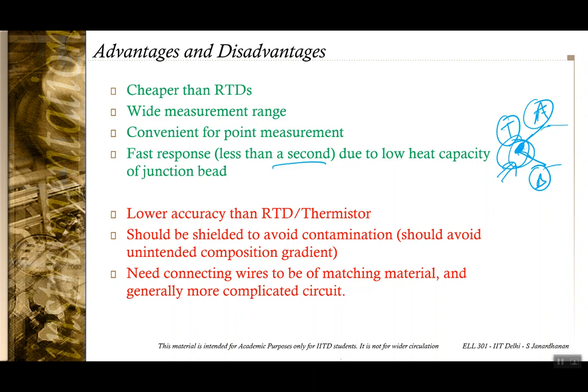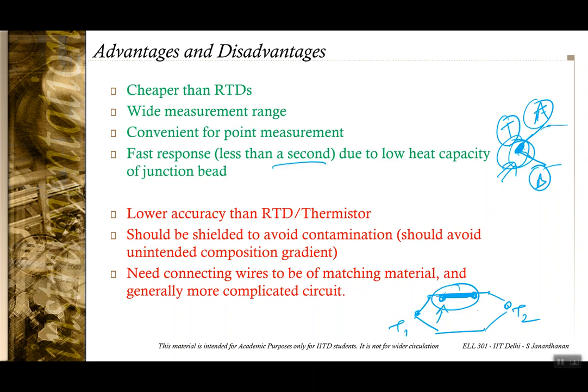Further, in case of a contamination, let us say there is a thermocouple like this. Even if T1 and T2 are kept at the intended temperatures, if there is a contamination happening somewhere along the middle, which changes the material property, that is going to cause two unintended junctions to be created.